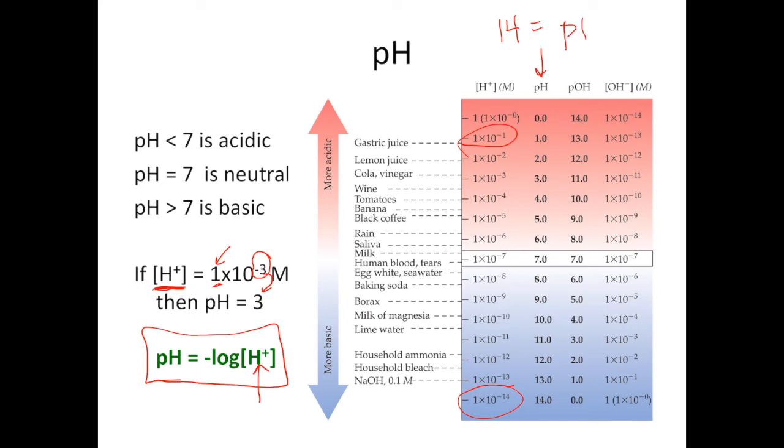They are related by 14 being pH plus pOH. So if my pH is 4, 14 minus 4, my pOH is 10, right? So that's how they're related. That's a pretty easy conversion going from pH to pOH. And these are added, unlike the Kw, which is not added, it's multiplied.